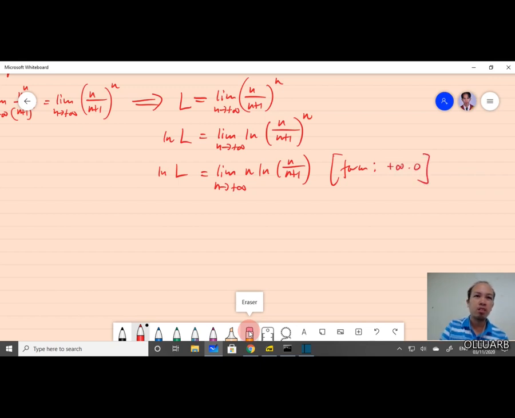The limit of ln of n over n plus 1 as n approaches infinity is 0.